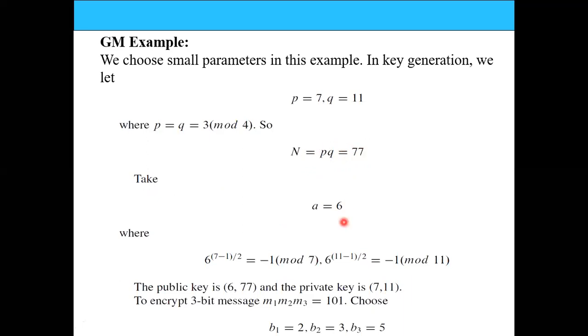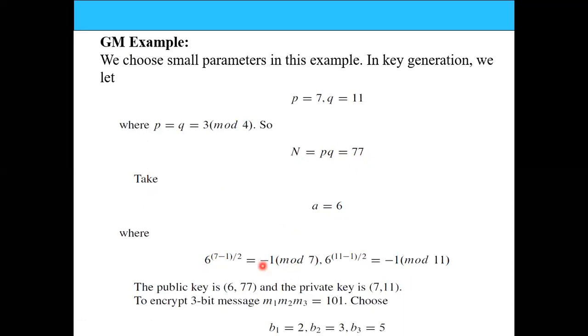We have taken a as 6, which is a non-quadratic residue. It means that if we take 6 to the power (7 minus 1) divided by 2, we should get minus 1.